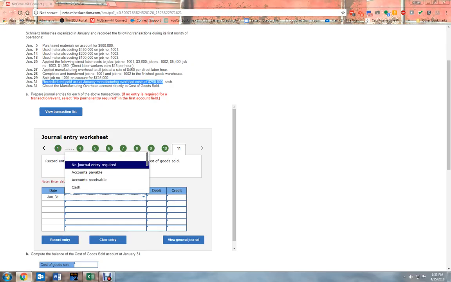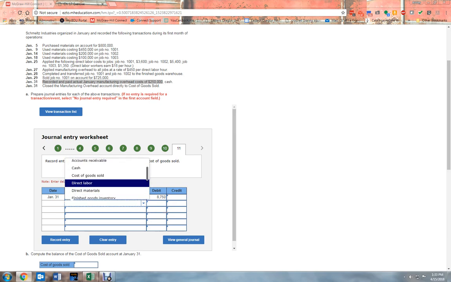So now that we know that, we can go ahead and make that adjusting entry to our cost of goods sold account. So manufacturing overhead needs to be increased by $8,750 because we didn't incur that much cost.